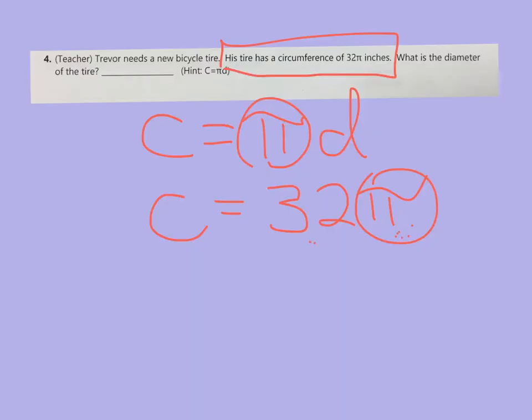I'm multiplying a number times pi, and here I'm multiplying the diameter times pi. The question is asking what is the diameter? Well, 32 must be the diameter, because the formula says pi times the diameter is the circumference. So my answer, the diameter, must be 32.